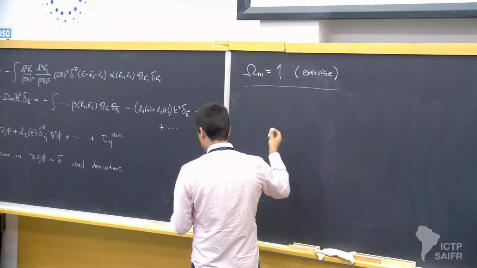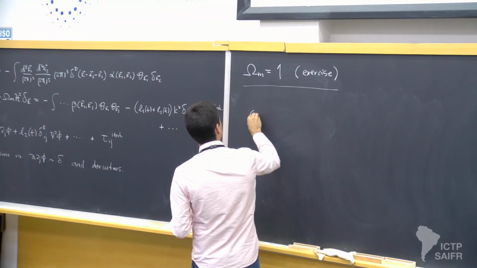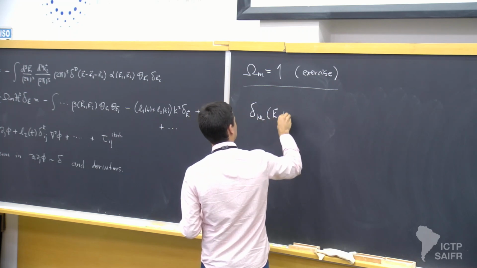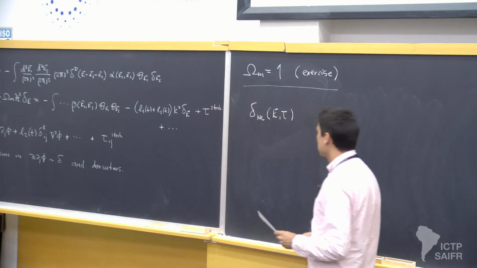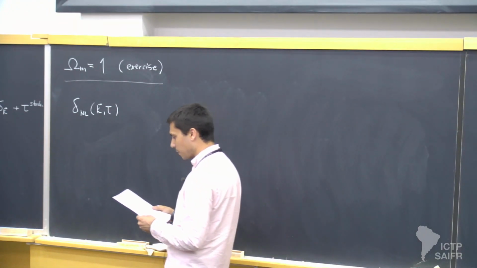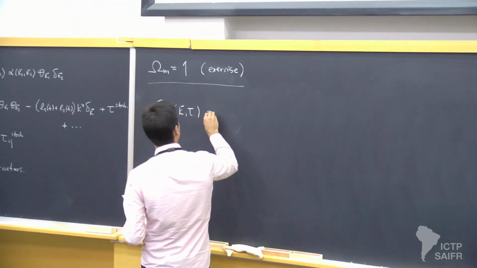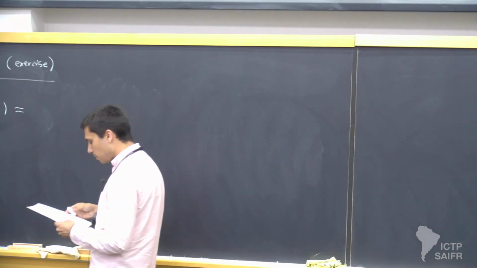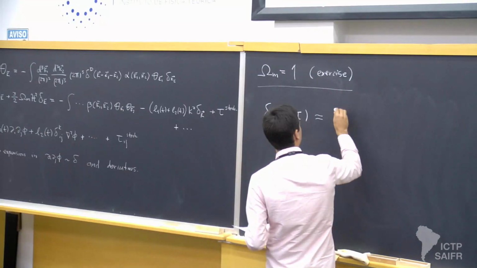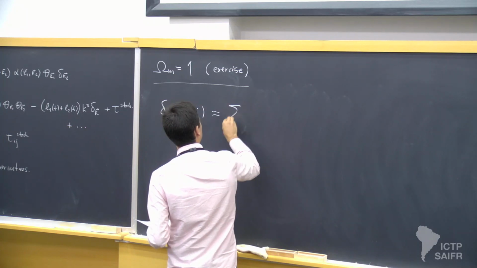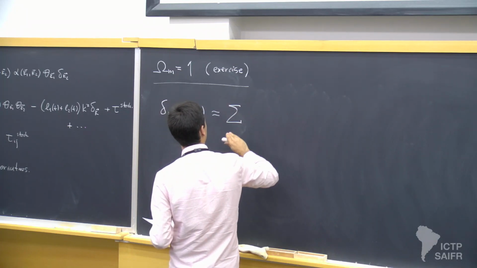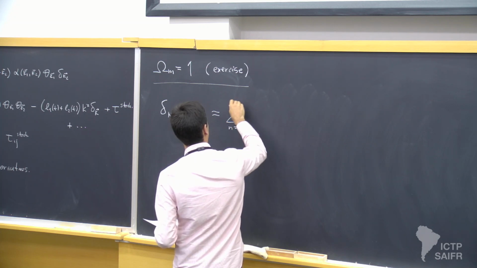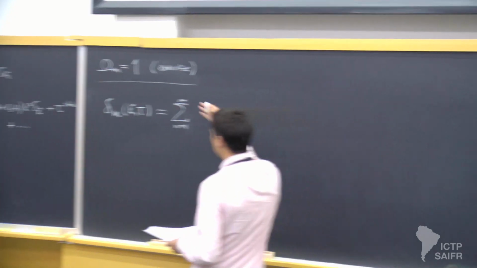And for instance, for delta, you can always say that delta nonlinear of k and some time tau, this is what I wrote yesterday, is approximately, and I will explain what this approximately means, equal to the sum of n goes from 1 to infinity in principle, even though we always keep a few terms.